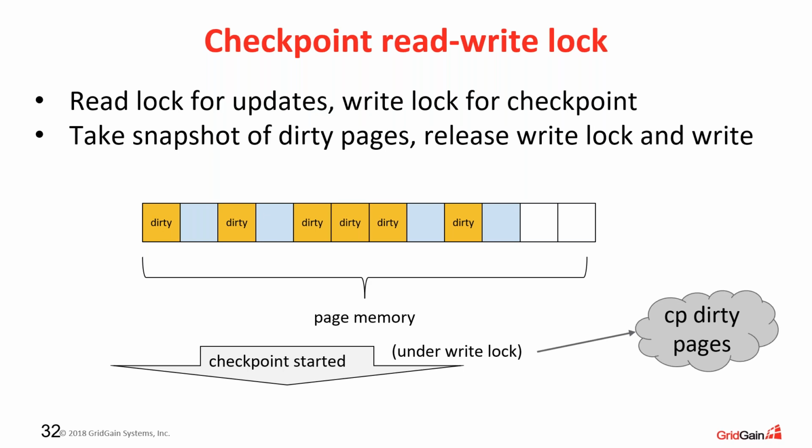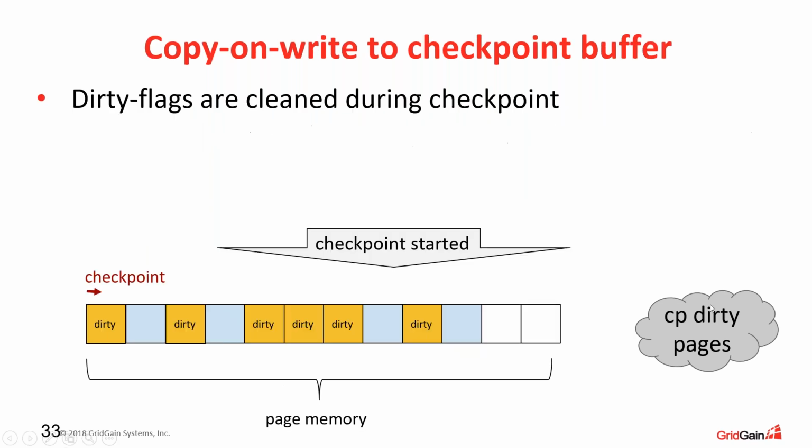Okay, now we have fixed collection of checkpoint pages, and what will we do with it next? There is a checkpoint thread, and checkpoint thread iterates over dirty pages collection and cleans the dirty flags. Thread writes a page and cleans dirty flag for it.